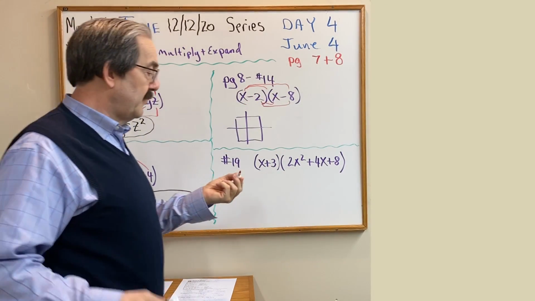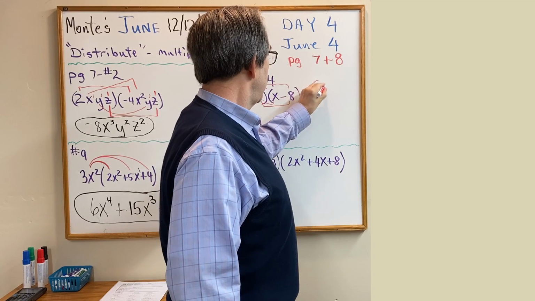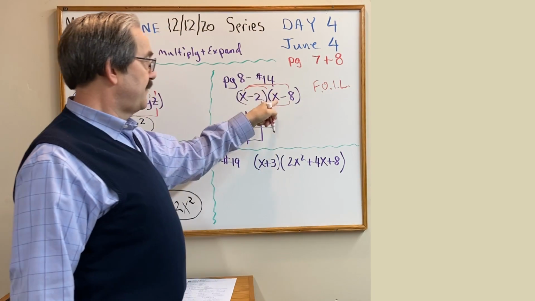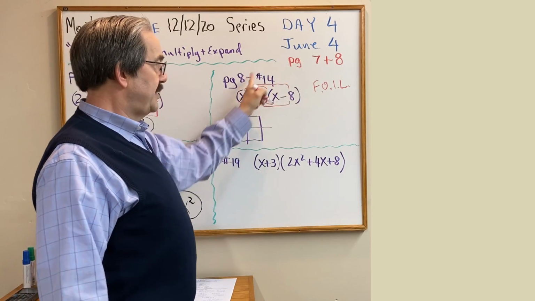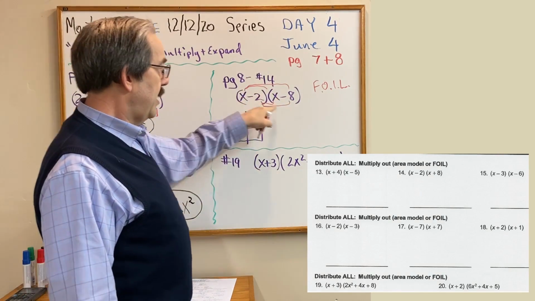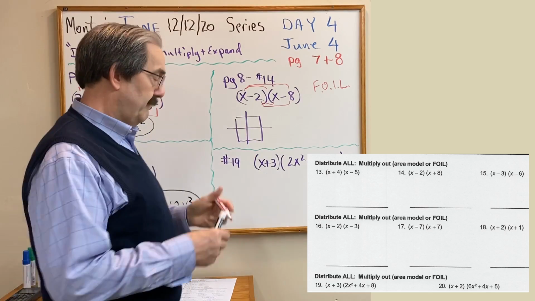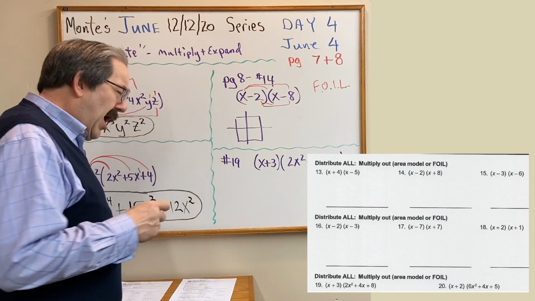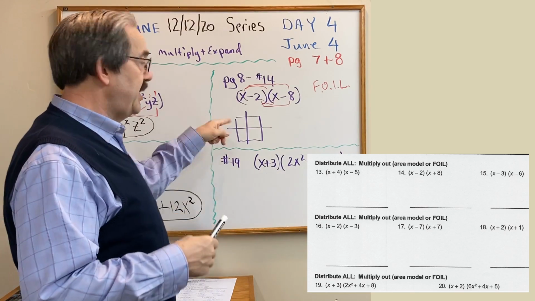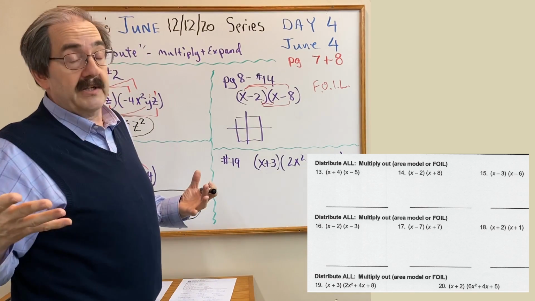Some of you might have learned it as the FOIL method. F stands for the first term. O stands for the outside term. I stands for the inside term. L stands for the last term.